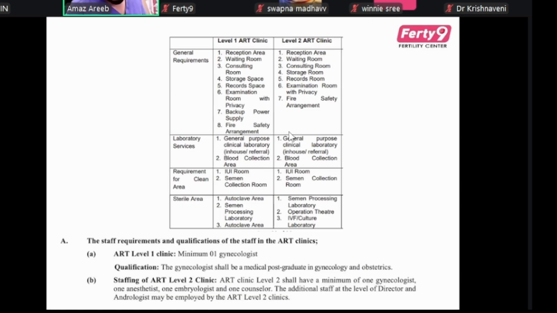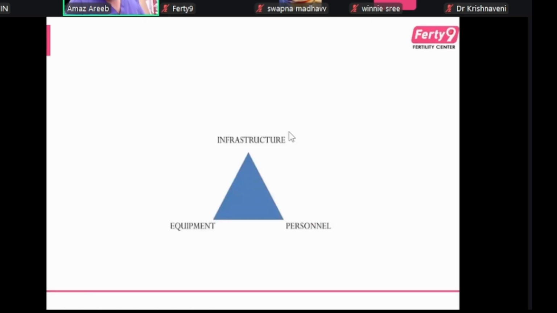to do the processing. So apart from that, the three pillars of a level 1 clinic are infrastructure that has to be organically designed, and the equipment that you choose should be a proven one, and it should last more than a year or two without any breakdown. And the personnel who will be handling your patients' gametes should also be trained well enough before you begin level 1.